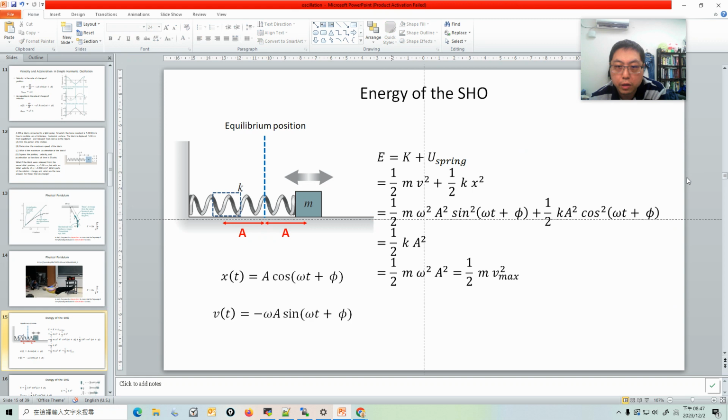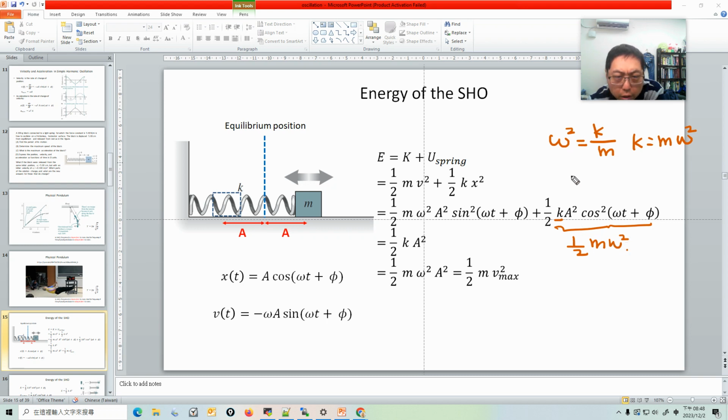We use the same mathematical relationship, omega squared equal to k over m. So we can replace k by m omega squared, and the second term will become 1 over 2 m omega squared A squared cosine squared of omega t plus phi.